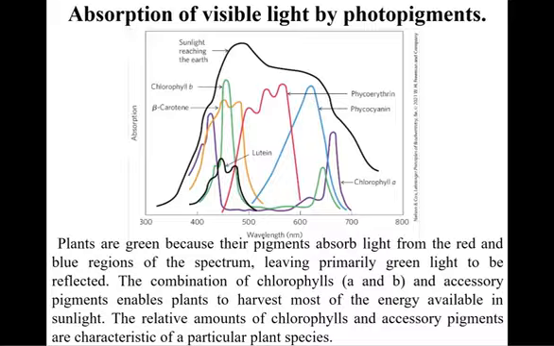The combination of chlorophylls A and B and accessory pigments enables plants to harvest most of the energy available in sunlight. The relative amounts of chlorophylls and accessory pigments are characteristics of a particular plant species.